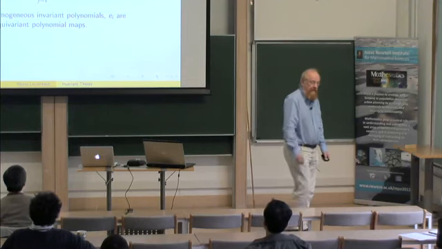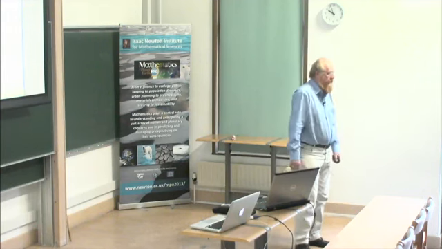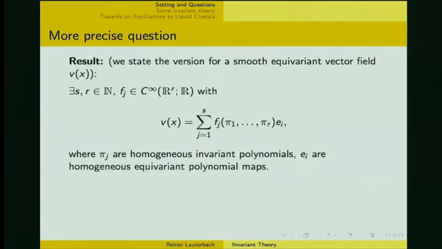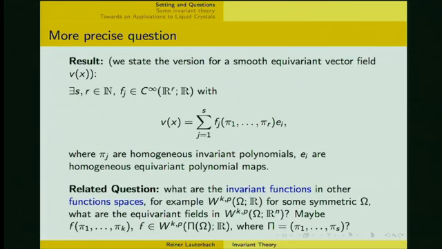And so the natural question is to ask, what are these numbers R and S, and what are these functions pi_1 to pi_R, and what are these polynomial vector fields E_i? And how many do we have? We could also ask for other invariant functions, like, for example, in the Sobolev spaces, and I have not seen any answer to similar questions in function spaces of non-smooth functions.